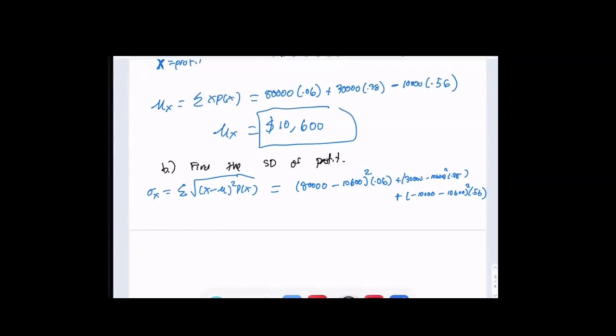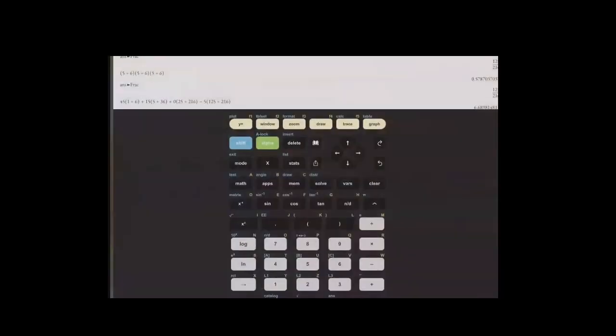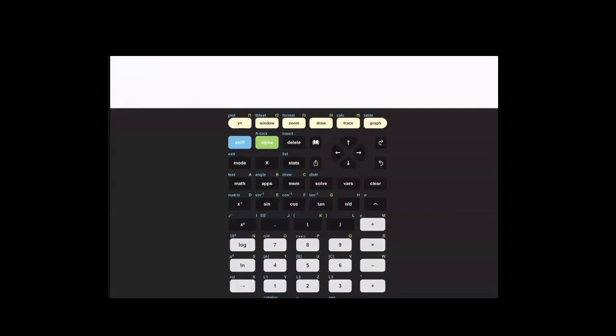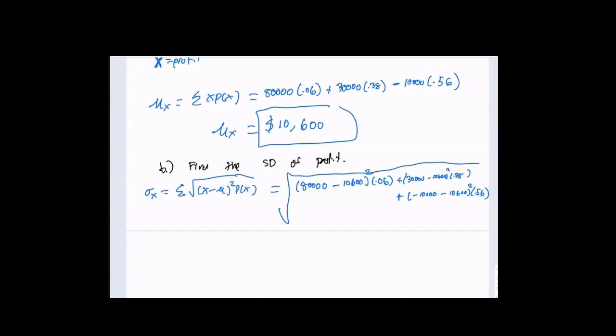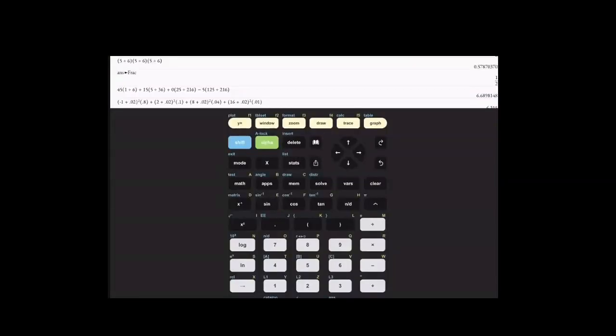So now I can go to my calculator. I just have to remember it's going to be the square root of that. Most of the problems you're going to do are only going to have like 3 instances, okay?